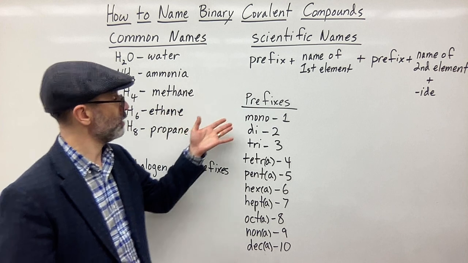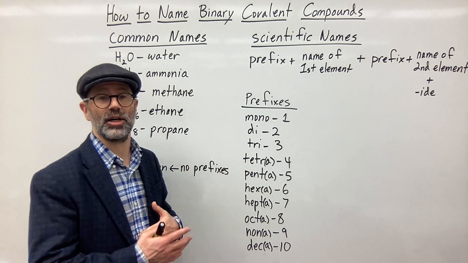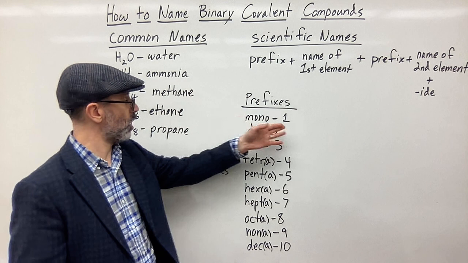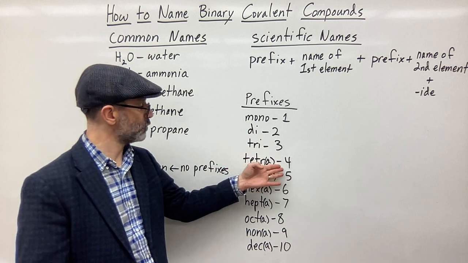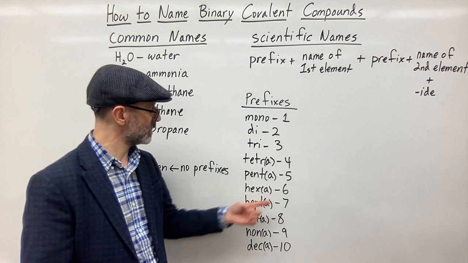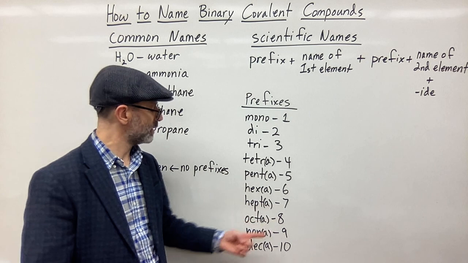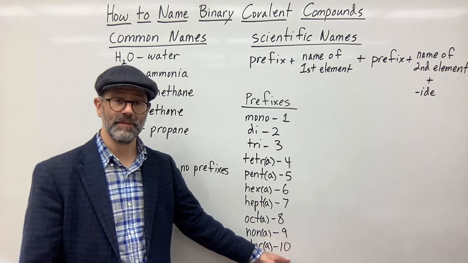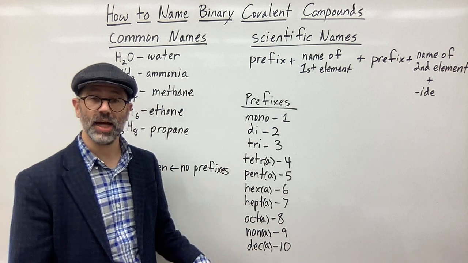We need a prefix that's going to indicate how many atoms of that particular element you have. So mono is 1, di is 2, tri is 3, tetra is 4, penta is 5, hexa 6, hepta 7, octa 8, nona 9, and deca 10. And that's as far as we're going to go. You can go further than that, but 10 is enough.